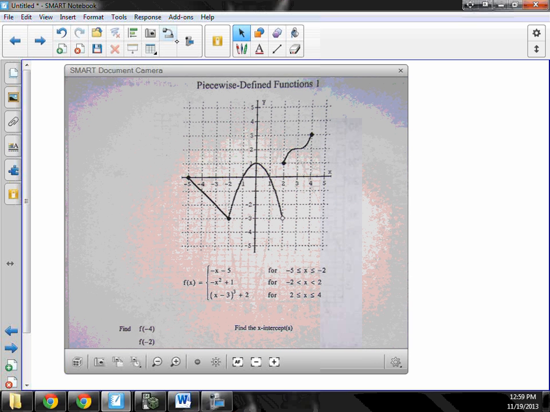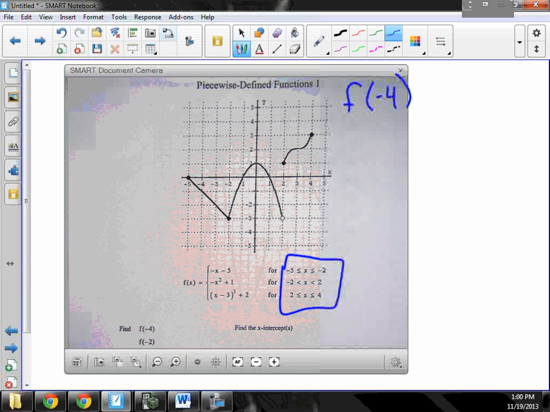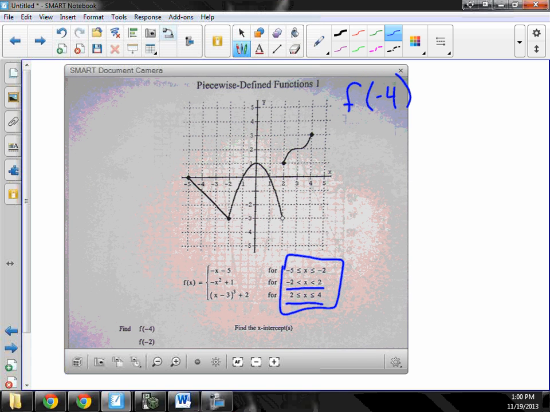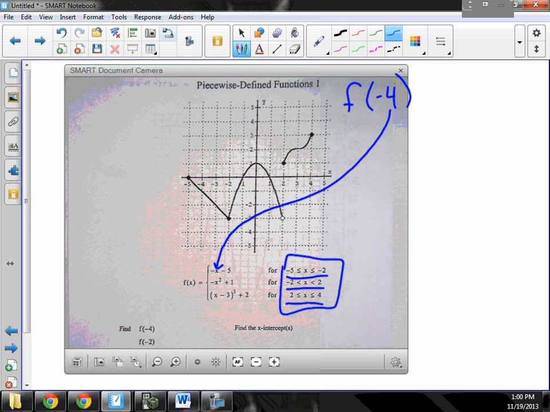The first question asks, what is f of negative 4? Well, if we look at the domains, which one of those domains includes negative 4? So is negative 4 between 2 and 4? No. Is it between negative 2 and 2? No. Is it between negative 5 and negative 2? Yes. So to find the value at negative 4, we plug it into the top equation.